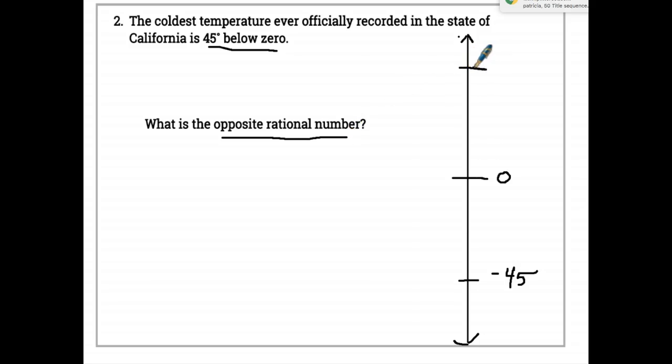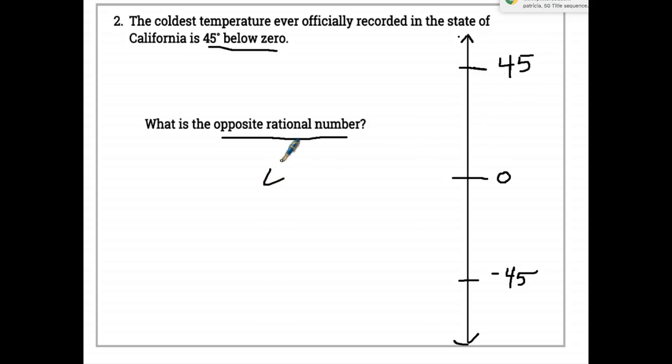Opposite rational numbers are equidistant, or the same distance from 0. So negative 45 is 45 interval marks from 0. The opposite is going to be positive 45. And it is 45 marks above 0.